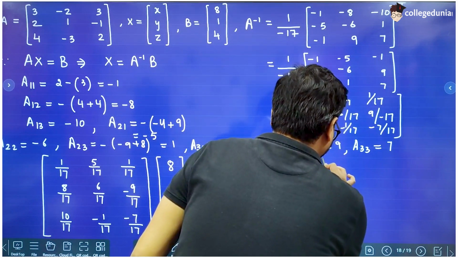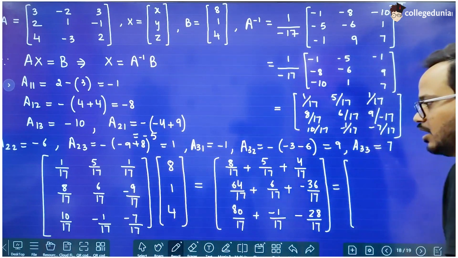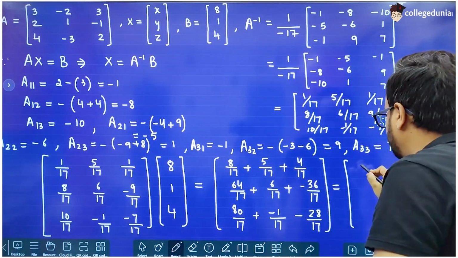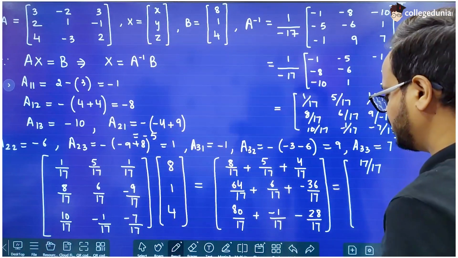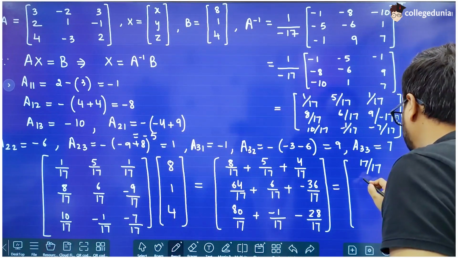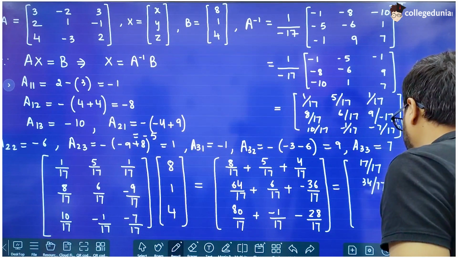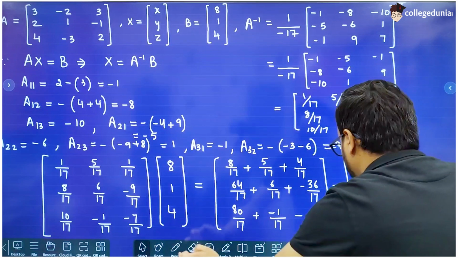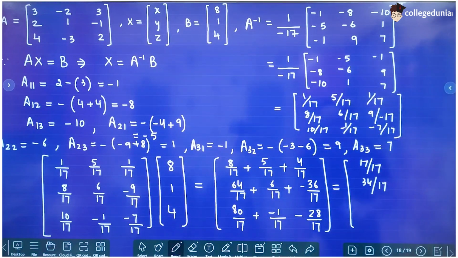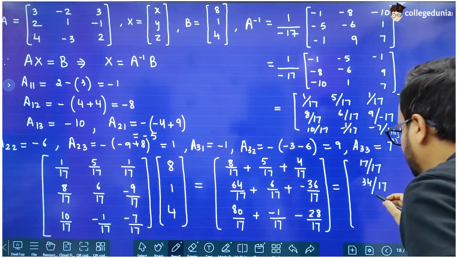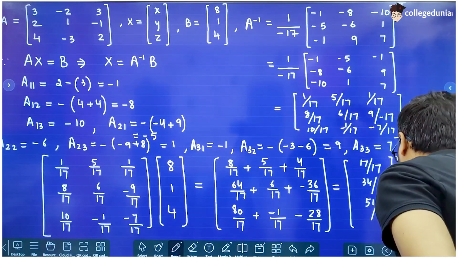Okay, so what is the result? This will be 17 by 17, then 34 by 17, then 80 minus 29, that is 51 by 17.